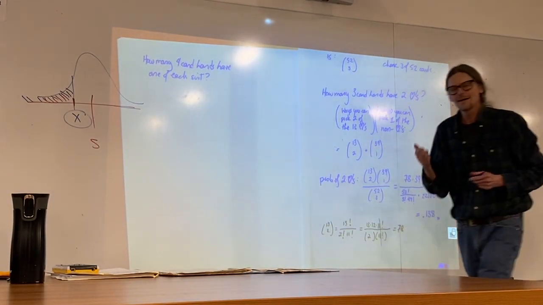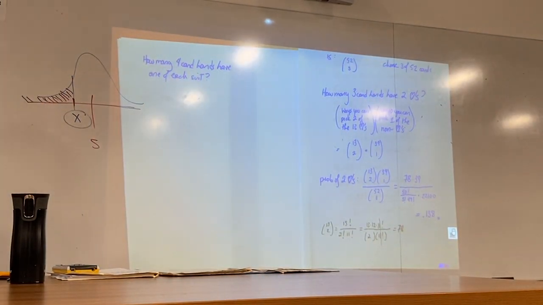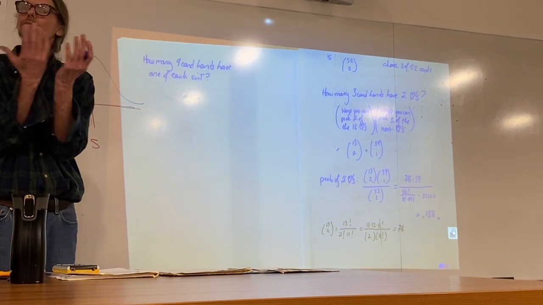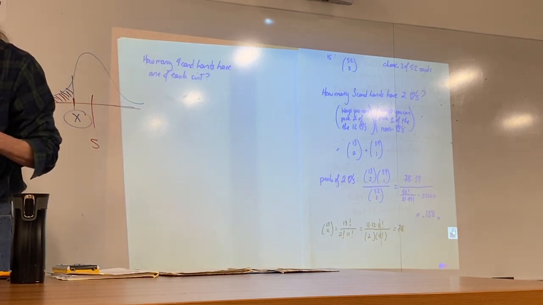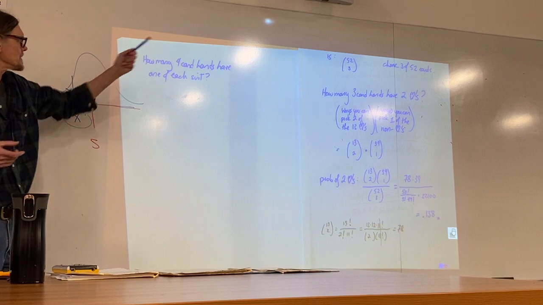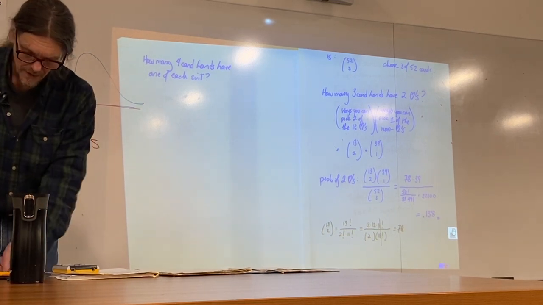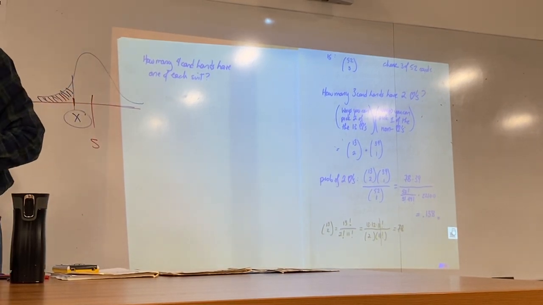Don't forget that every 4-card hand is equally likely to be the one that you receive. So again, it's simply the number of hands that have this trait divided by the total number of hands.